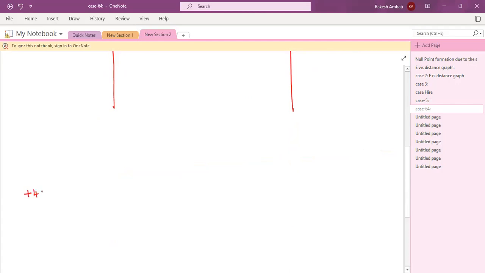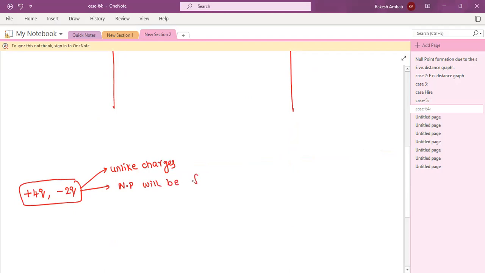We already know that in the case of unlike charges, the null point will be formed outside the charges.